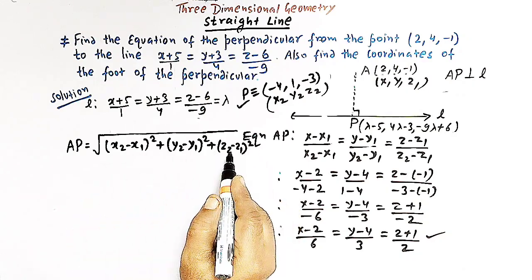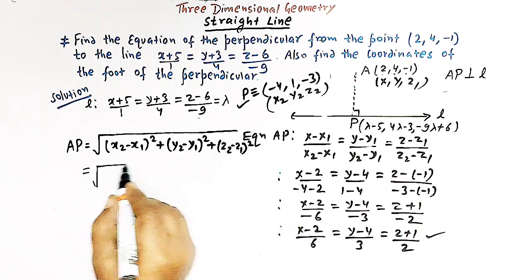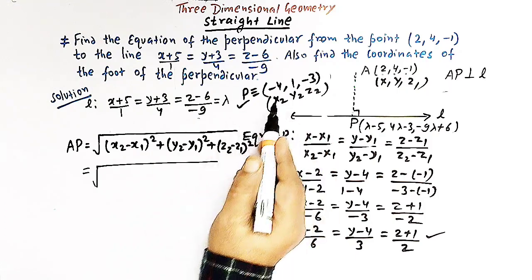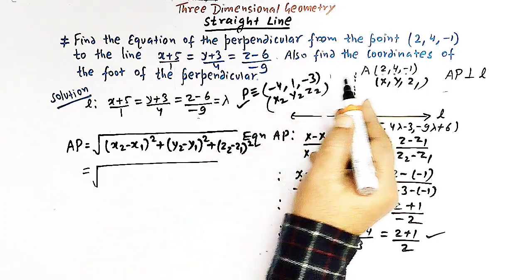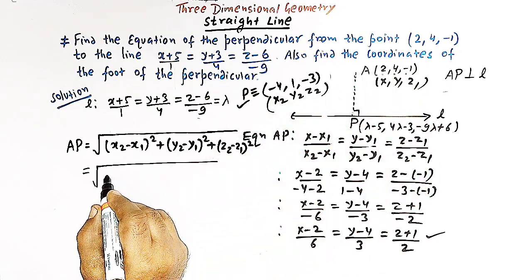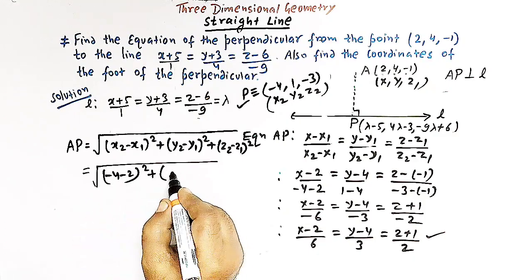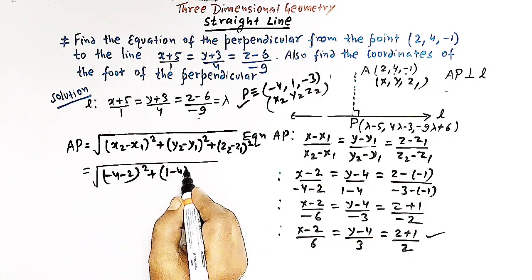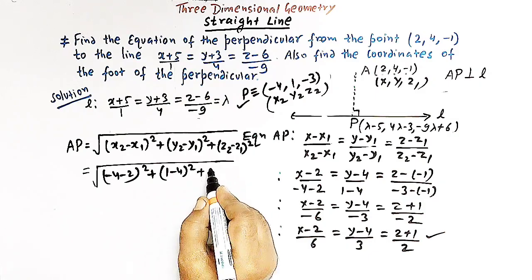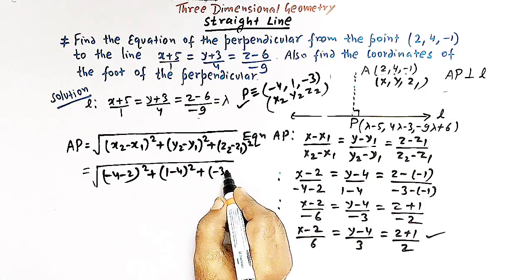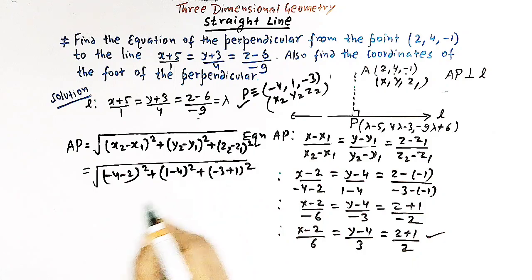So this is the distance formula. So substituting the values, we have (minus 4 minus 2) square, then we have (1 minus 4) square, and then we have (minus 3 plus 1) square, right?